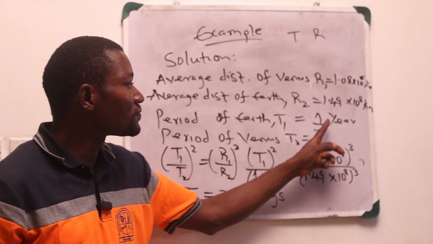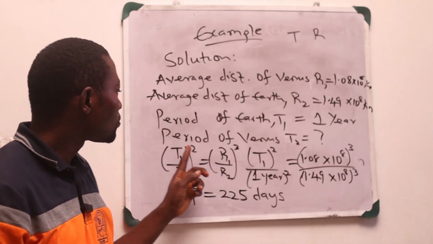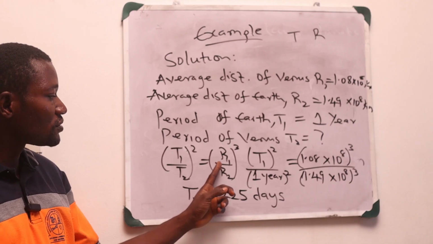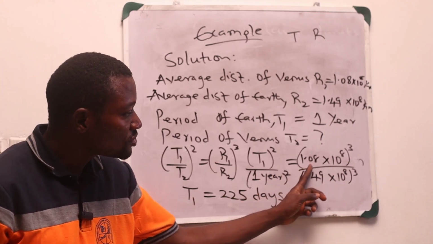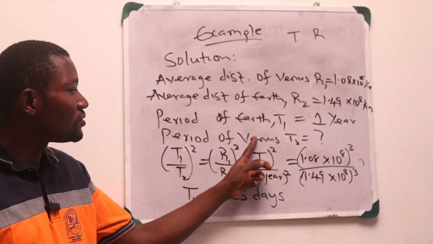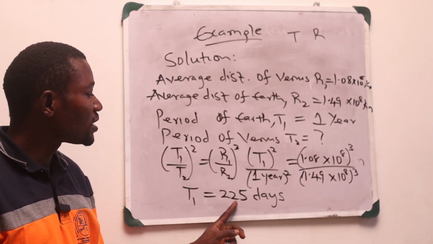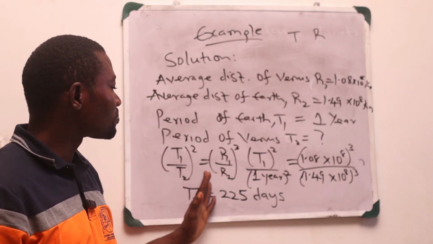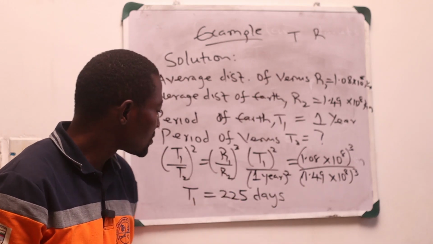The period for one of them is given. So we have to find the second period. So we use the formula, and by substituting and simplifying, the period of Venus is given as 225 days.